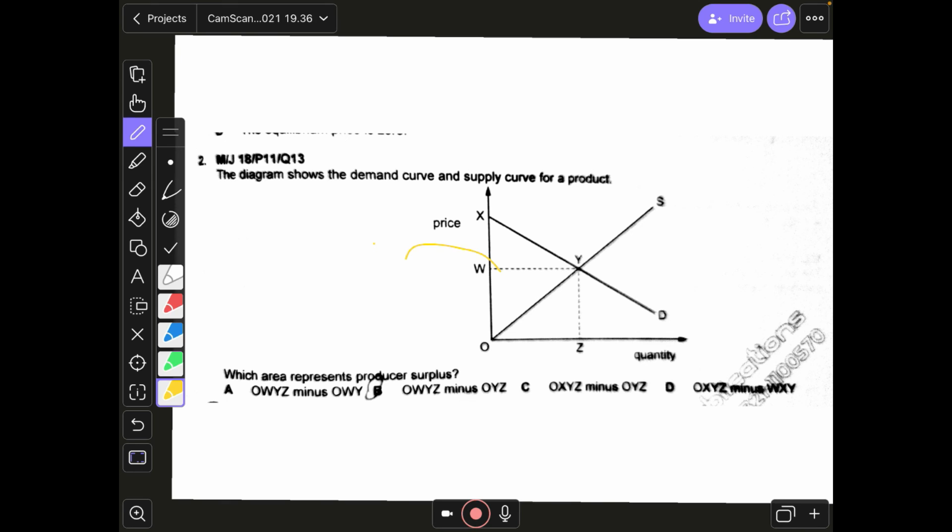So this is the price line. It has been drawn out for us in this case. And this is the supply curve. So the area below the price line and above the supply curve is this triangle.